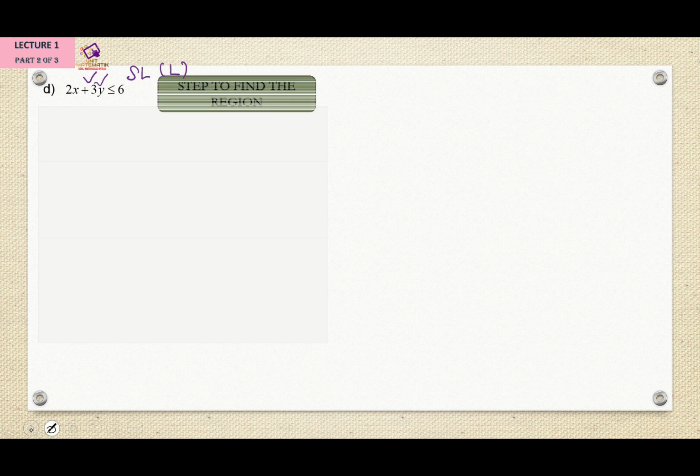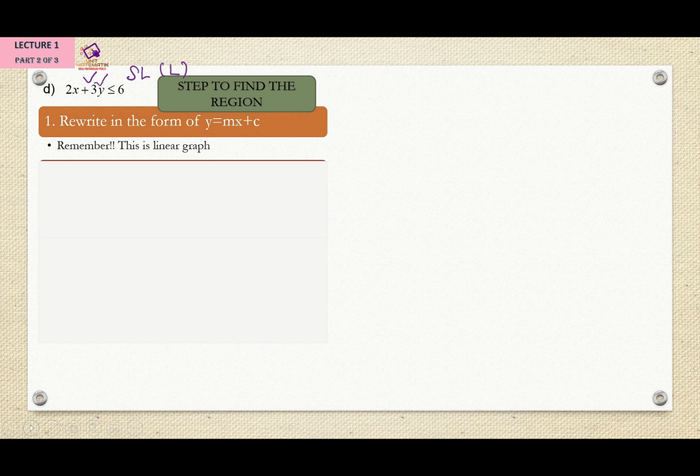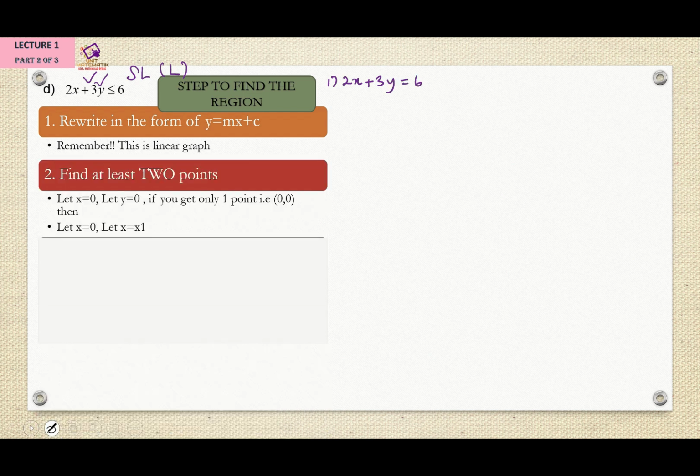Now again, the first step, we need to rewrite. So 2x plus 3y equals 6. Next, we need to find at least 2 points. We let x equals 0. So y will be 2.